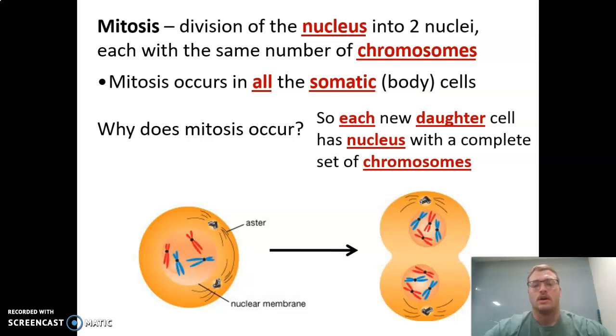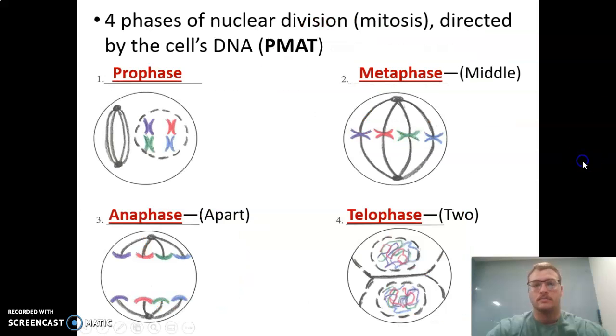Cells grow large, they're damaged, things like that. Each of the new daughter cells has a nucleus with a complete set of chromosomes. So it's not that they duplicate and split the chromosomes in half. The chromosomes are actually replicated, and each cell has the same amount.